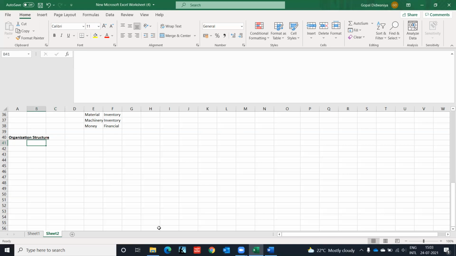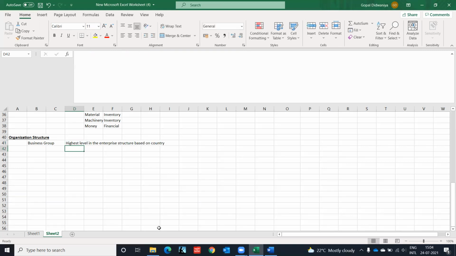So we have one Oracle organization structure called business group. This is the highest level of the enterprise structure, based on country.